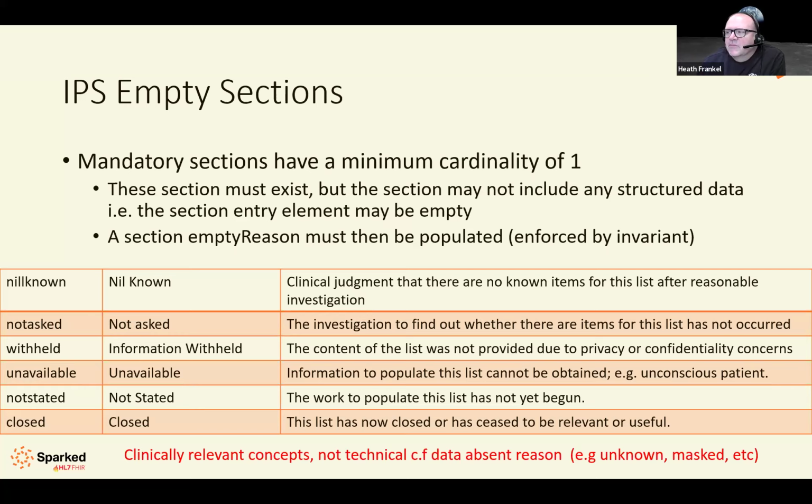But we see these as very much explicit assertions. Take the first one, clinical judgment that there are no known items for this list after a reasonable investigation. Even something like not asked, someone is making the statement that they were not asked.